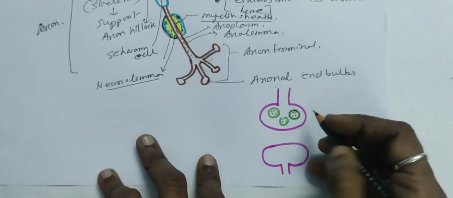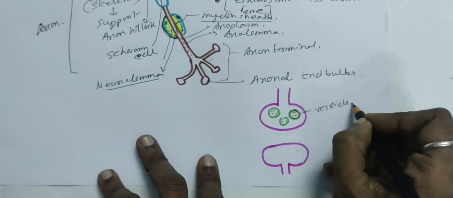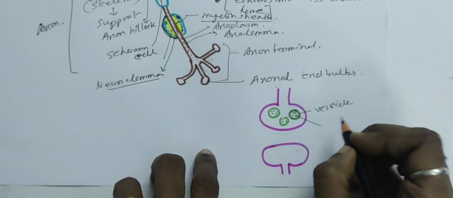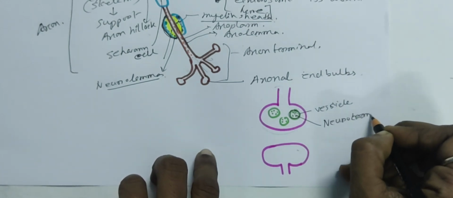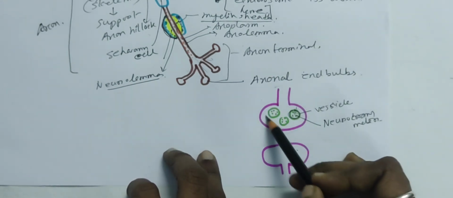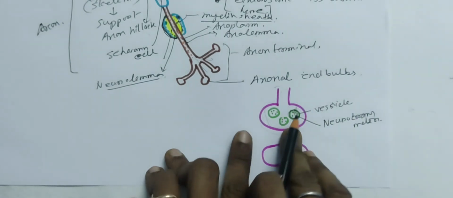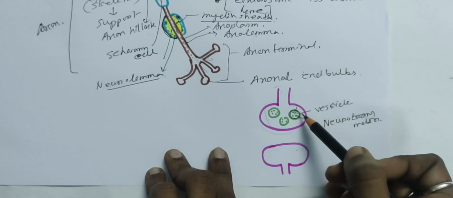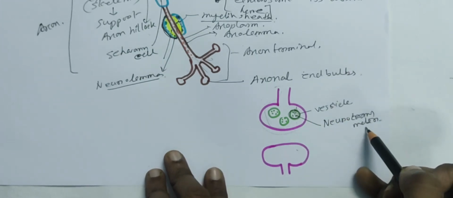These vesicles contain a chemical called the neurotransmitter. So the axonal end bulb contains vesicles, and the vesicles contain within them a chemical named the neurotransmitter.